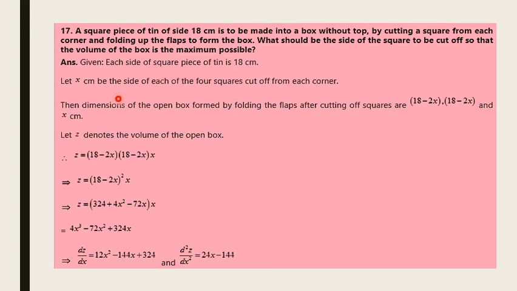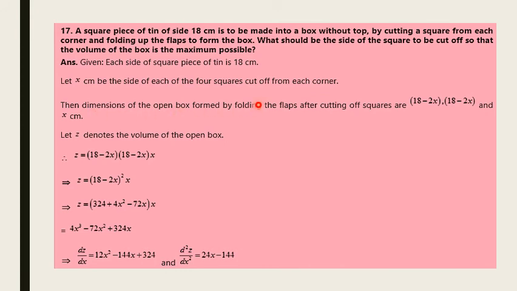We assume x centimeter is the side of each of the 4 squares cut off from each corner. Then the dimensions of the open box are 18 minus 2x, 18 minus 2x and x centimeter. Did you understand?